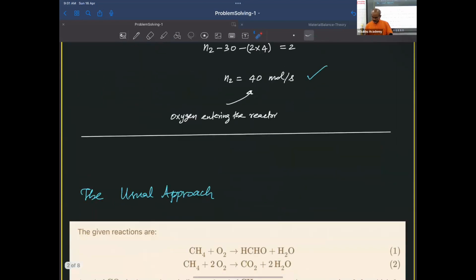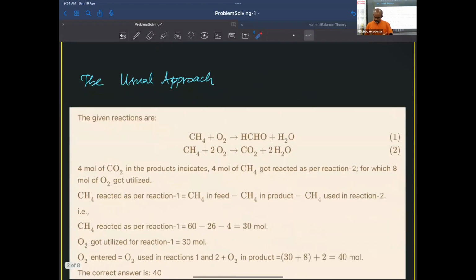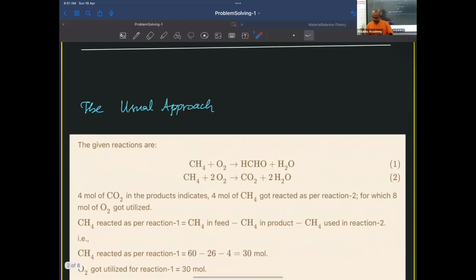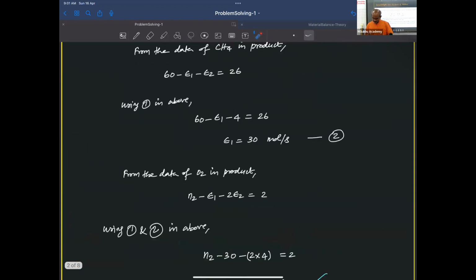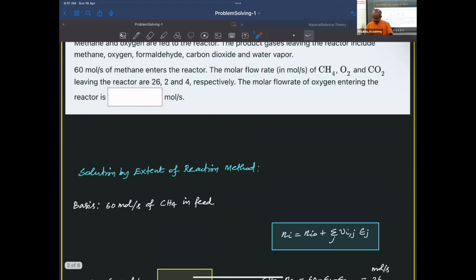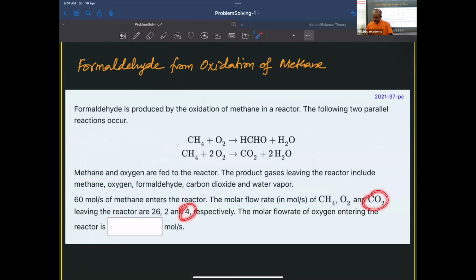So in that way, the first approach was kind of a systematic approach, whereas here we started from the moles of CO2 in the product. Using that only we could find that. What is the data given? The data given is 26 moles of CH4, 2 moles of O2, and 4 moles of CO2. We started from 4 moles of CO2, which gave the value of CH4 used for the second reaction.